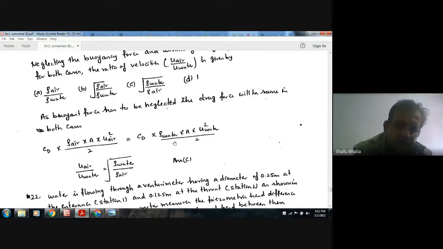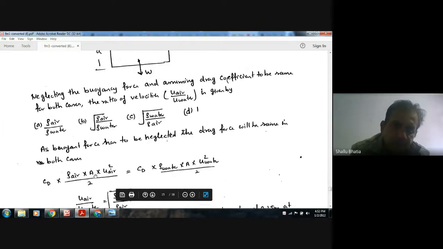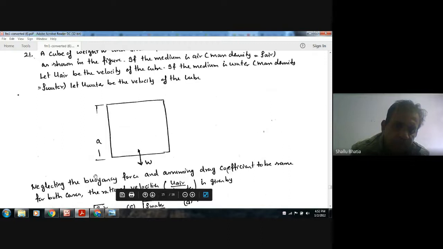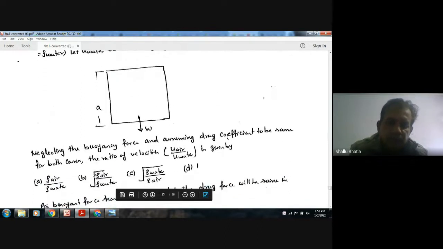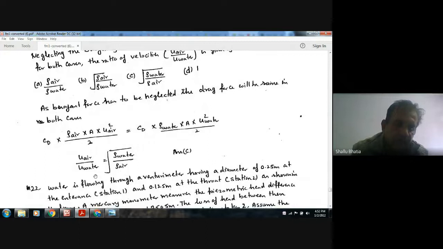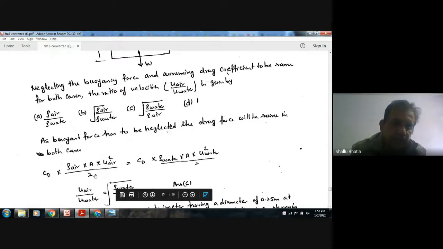The drag coefficient is the same, so the drag force will also be the same because the body is the same. So we can have this ratio of u air by u water.